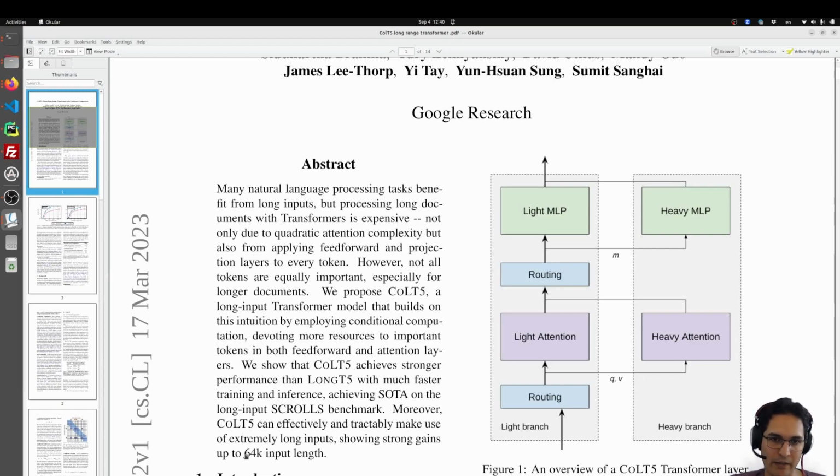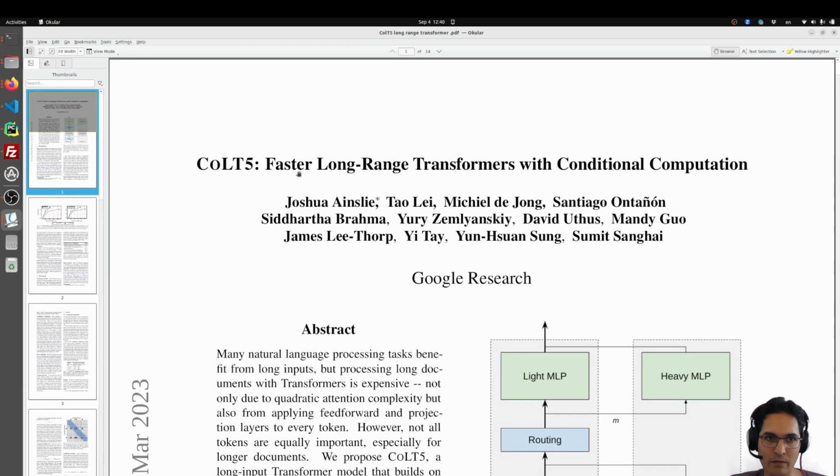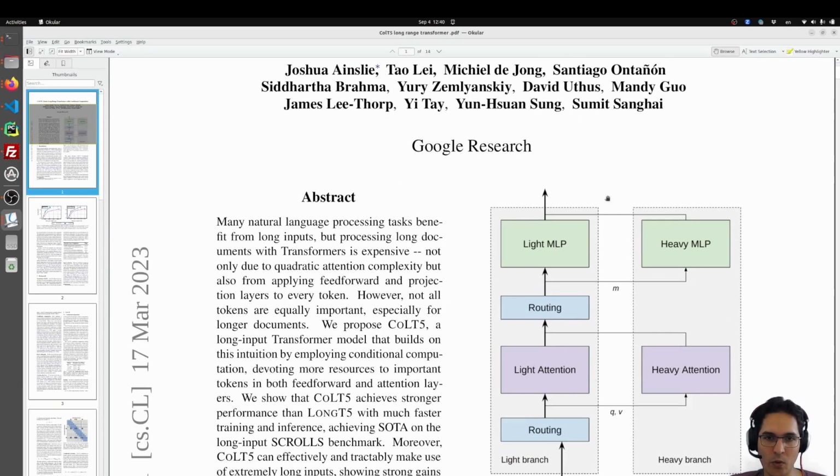It's very rare that we want to do summarization or something that needs attention on the whole thing. But for extracting some entities from a document or for question answering, we need to put attention on a small portion. That's why it can handle long-range input tokens. That's the whole idea of ColT5.